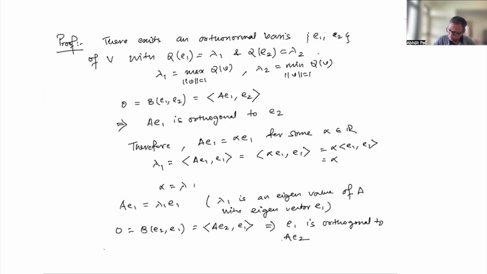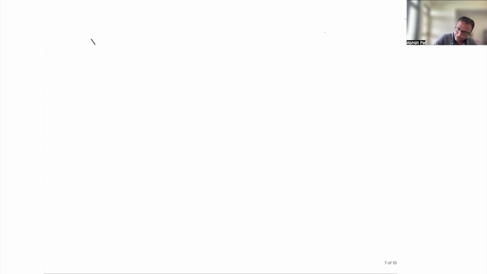Therefore, AE2 will be equal to some beta E2, where beta belongs to R. And lambda 2 is equal to the inner product AE2 with E2, which is equal to beta E2 inner product with E2.